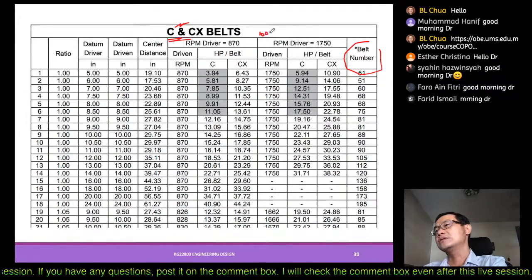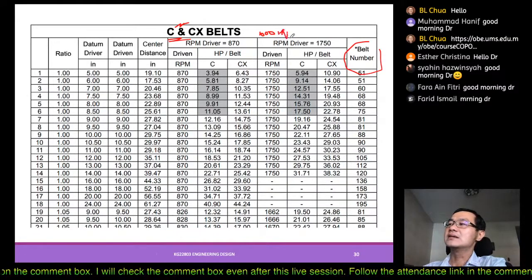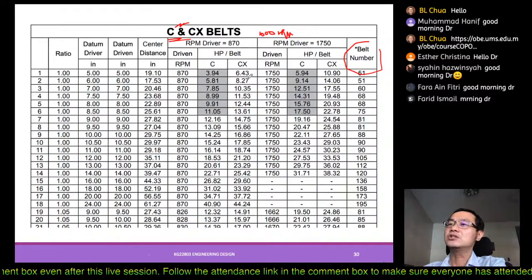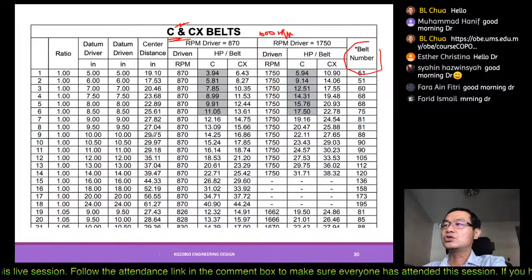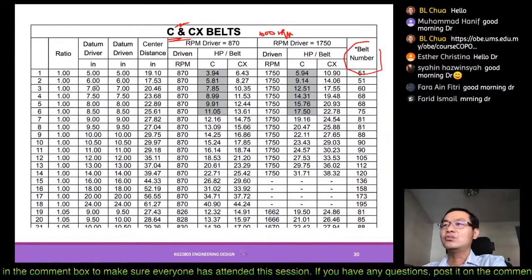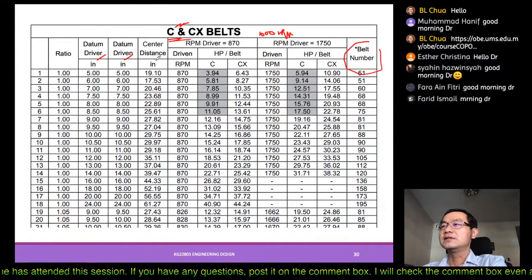So the driver speed is 1000 rpm, let's say. If this is 1000 rpm, then we have to do interpolations, right? So what we would do now is we find which ratio we want, the datum, the center distance.